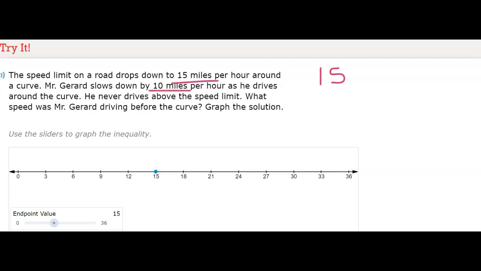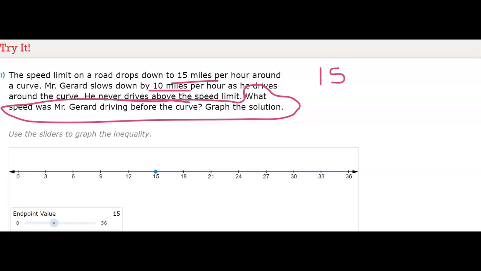And then it says he never drives above the speed limit. What speed was Mr. Gerard driving before the curve? So the speed limit drops down to 15 miles per hour around the curve, and it tells us he never goes above the speed limit.